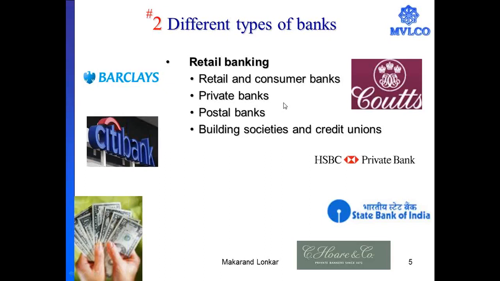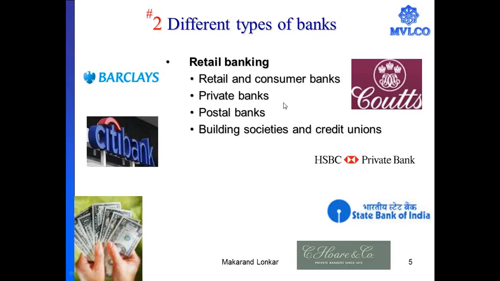So their focus is on a retail customer, and they'll be operating only in this line of business where the retail small customer is serviced. They accept small deposits, they give small loans. Examples of such a bank could be Woodland Bank in USA, or a bank like the AIG Retail Bank in Thailand. So there could be banks focused purely on a retail consumer who could be an individual or who could be an SME, that is small and medium enterprises.